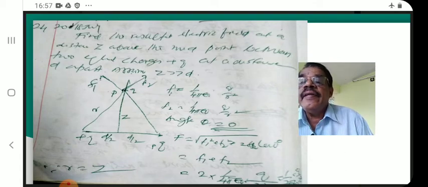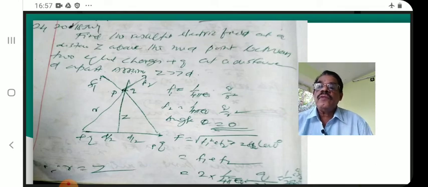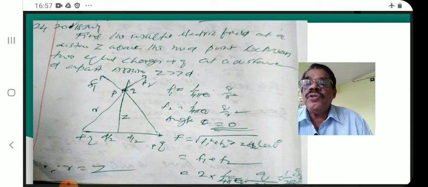When D is very small, the charges will almost coincide. So the arrows representing the two forces F1 and F2 will come in a line. The angle between the two forces will become 0.